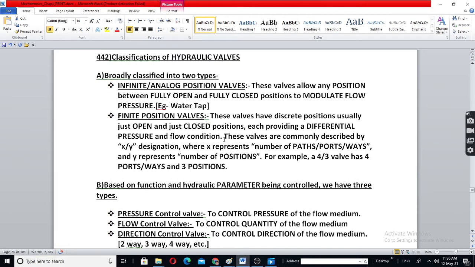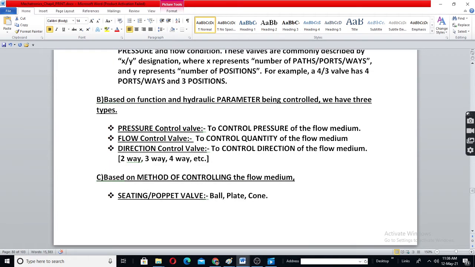Okay. Next, based on function, they are classified as pressure control valve, which is used to control pressure. Beyond a certain pressure, the extra fluid will go out. Next, you have flow control valve to control the quantity of liquid.